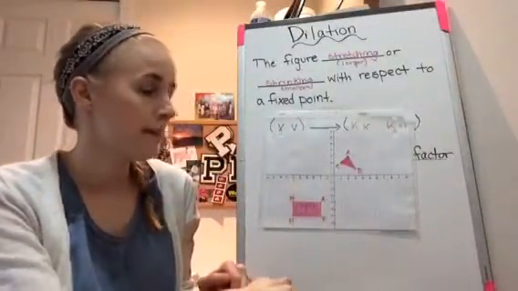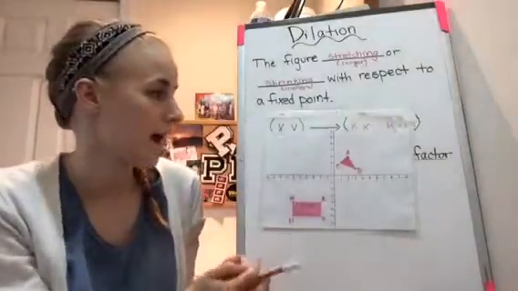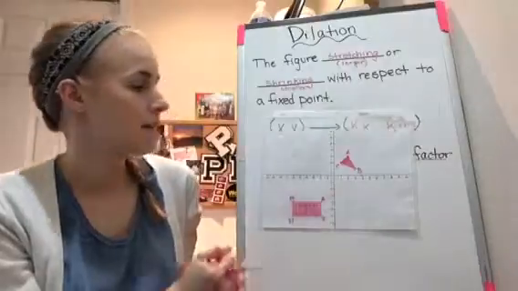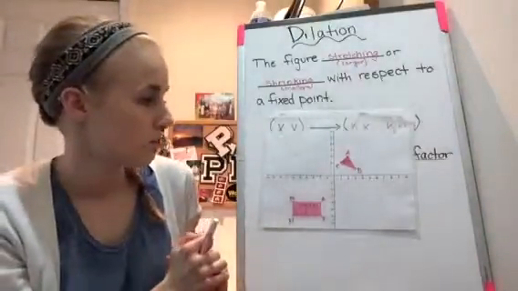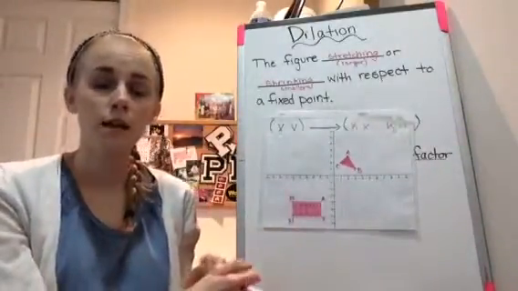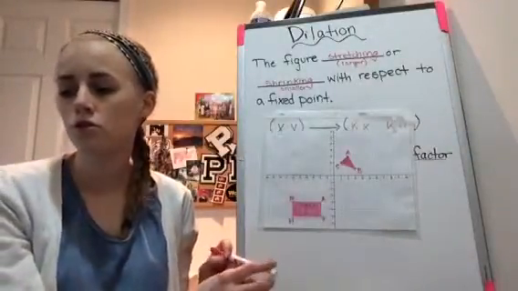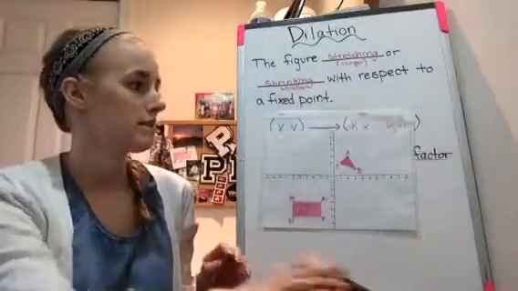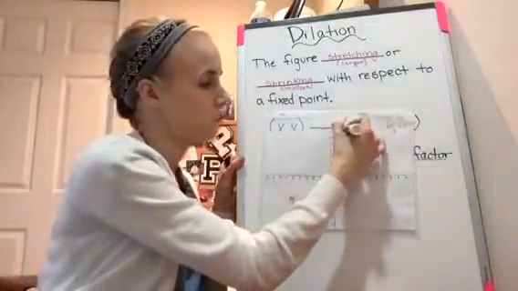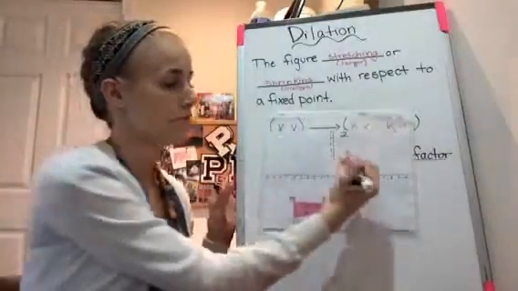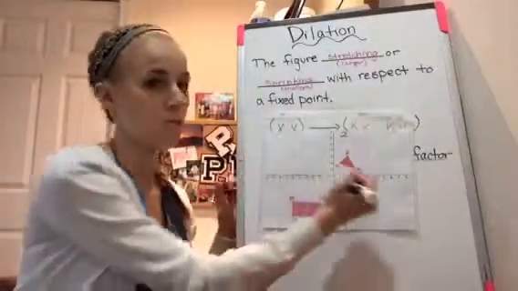C is at (1, 2), A is at (2, 3), and B is at (3, 1). In the example, it asks you to do a dilation with a scale factor of 2. So that means for every single point, we are going to multiply it by 2.